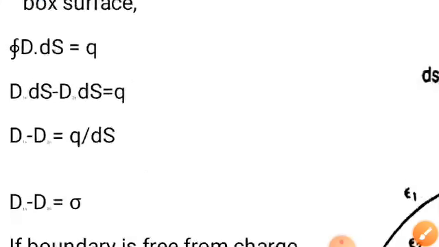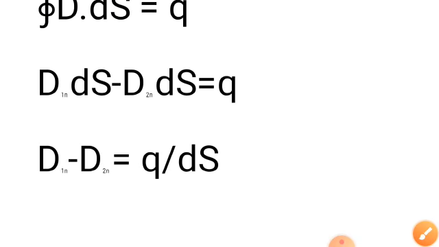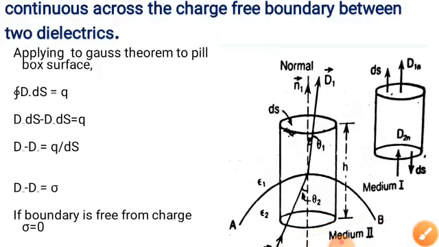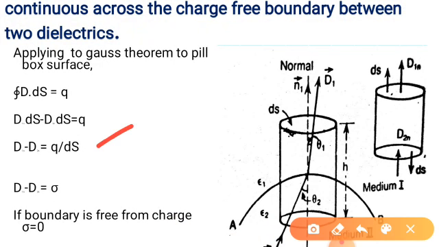So D1n minus D2n, take the common ds, and it becomes D1n minus D2n is equal to q by ds. It is known as sigma. Sigma is surface charge density. So D1n minus D2n is equal to 0 if the boundary is free from charge.